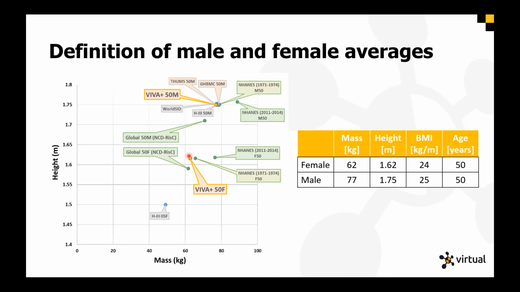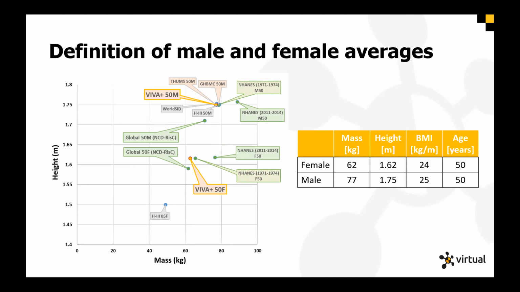And if we look at the current US population, the NHANES 2011 to 14, those are about the same stature, but they are a bit more obese nowadays in North America. So the models that we're developing are not really representative of modern North Americans either.